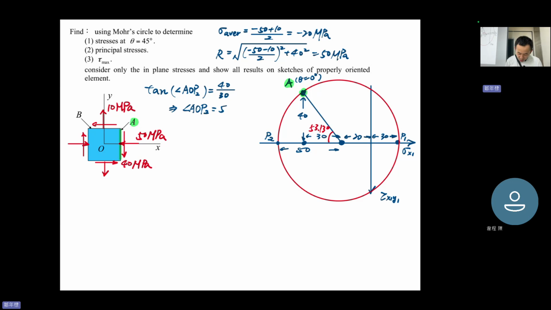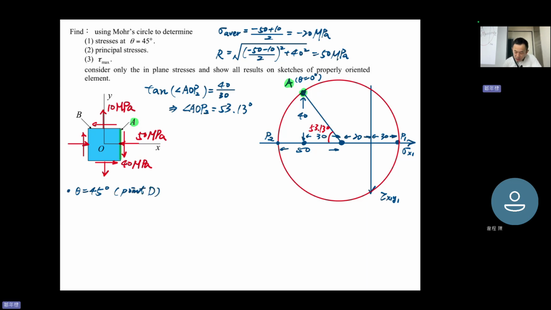AOP2 equal to 53.13 degree. So now we are ready to get the first question. Theta 45 degree, which is point D.